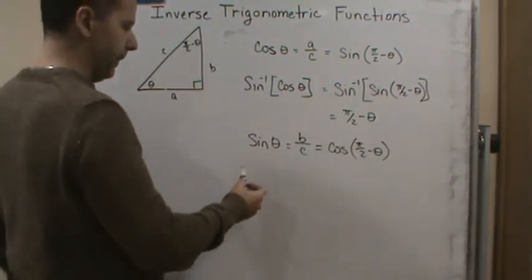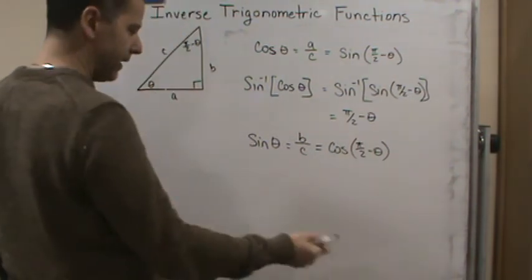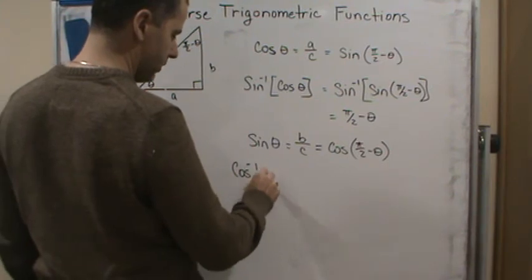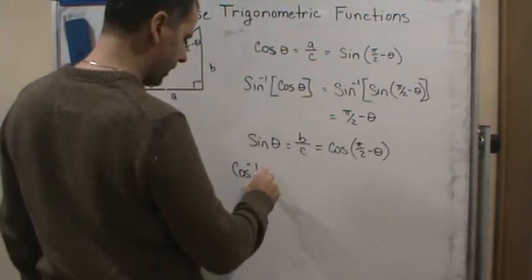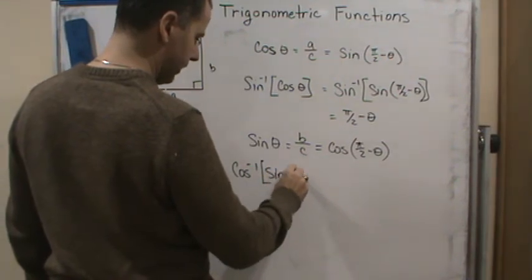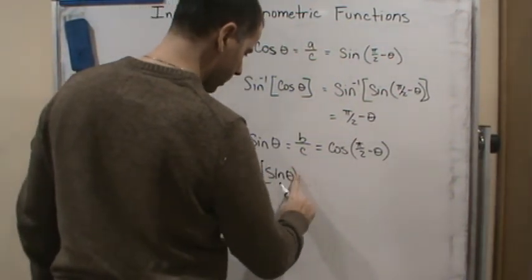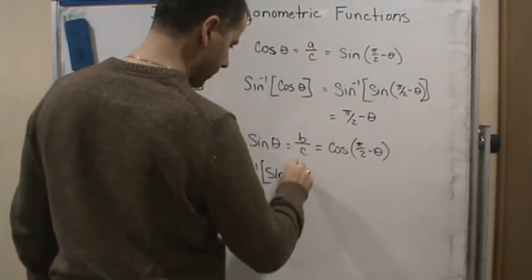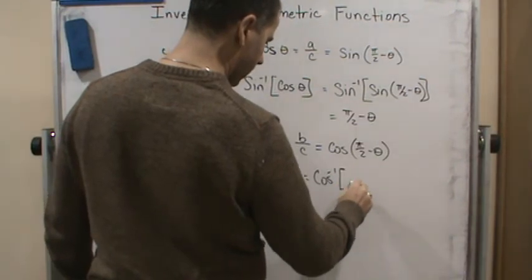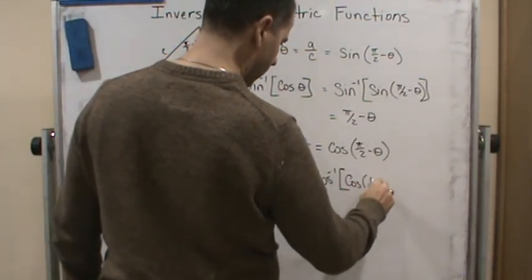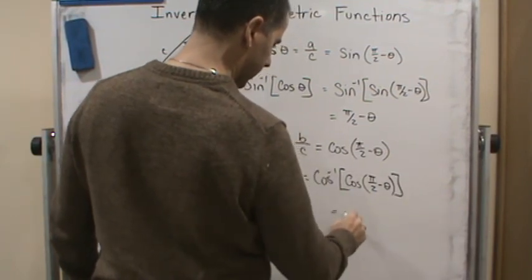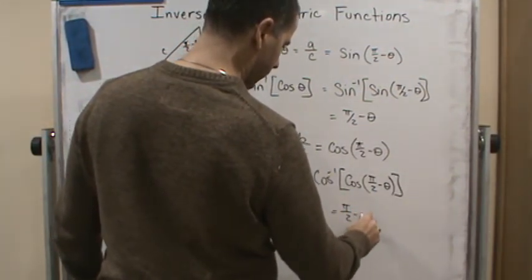Now, as long as theta is within that domain, then all we have to do is take cosine inverse of sine theta, which is equal to cosine inverse of cosine of pi over 2 minus theta, and that is going to give me pi over 2 minus theta.